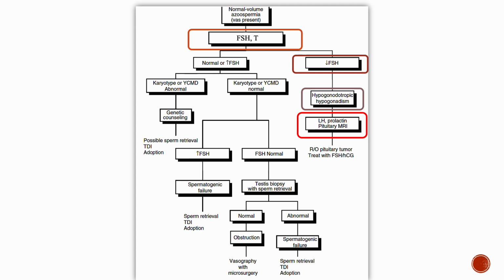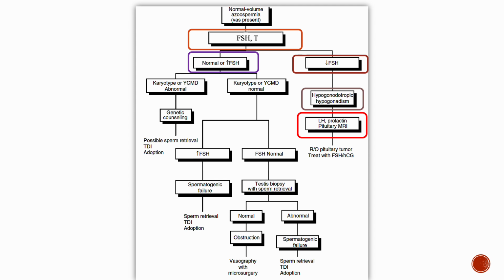But in case it is normal volume azoospermia with presence of vas and normal hormonal parameters or increased FSH, in both cases we have to do karyotyping, especially if the FSH is more.